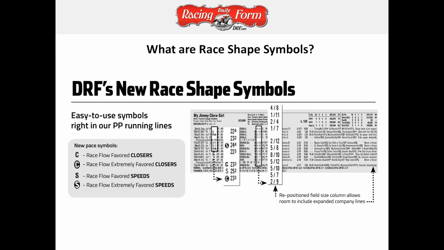We tried to just identify those races that were extreme scenarios that either favored closers greatly or speeds greatly, and it does that by looking at the composition of the race, how many speeds are in it, and then how the race ultimately does shape up. So we look at it in two different ways. We look at it pre-race, how the race is expected to run, and as well as post-race, how the race is actually run.